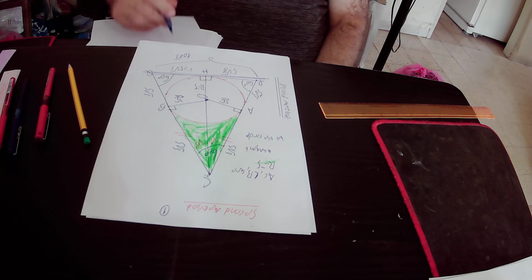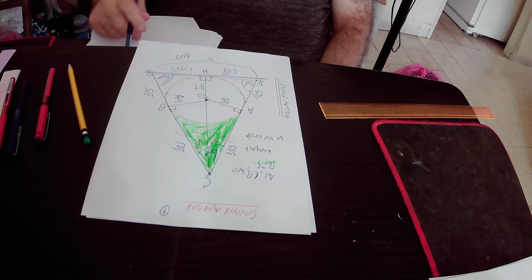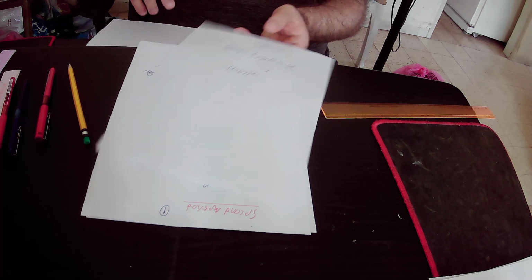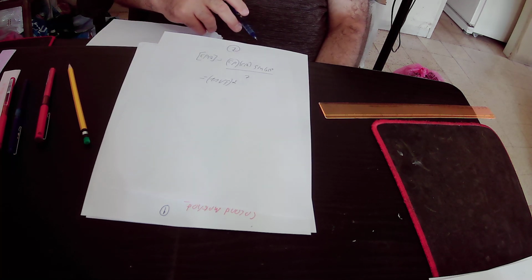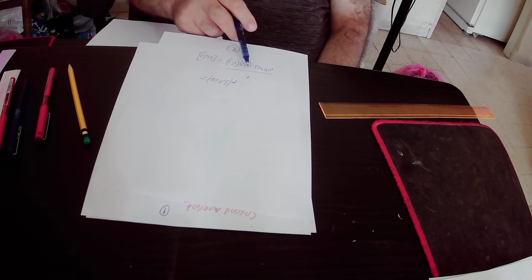So it will be 10 times root 3 squared, and sine 60 degrees is root 3 over 2, but we must divide root 3 over 2 by 2. So it will be root 3 over 4.